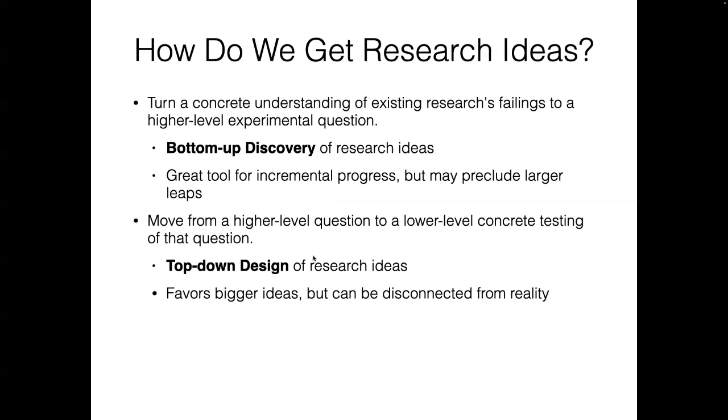A good example of top-down design is deep learning or neural networks. For a long time, deep learning wasn't working very well and was very hard to train, but some of the early people working on it had a sense or belief that this was going to be the future and that it was worth continuing, even though it was difficult to get funding.